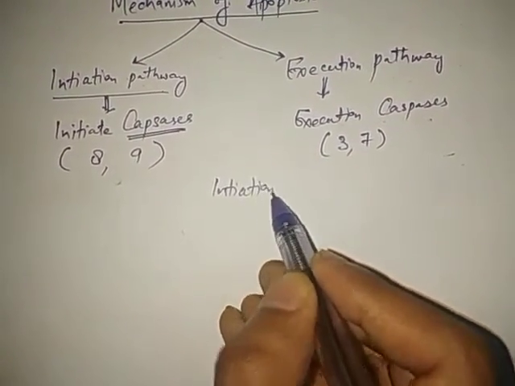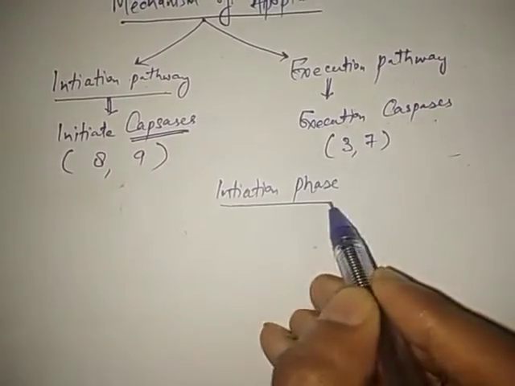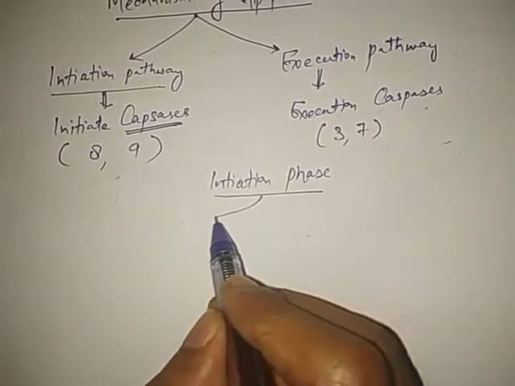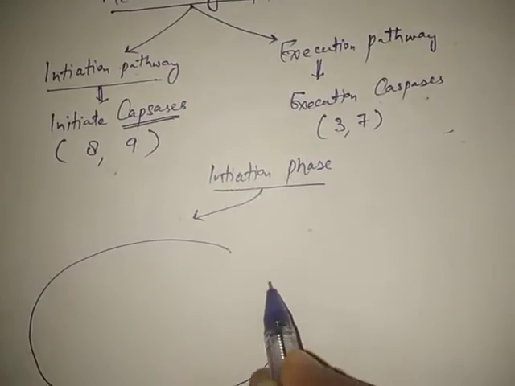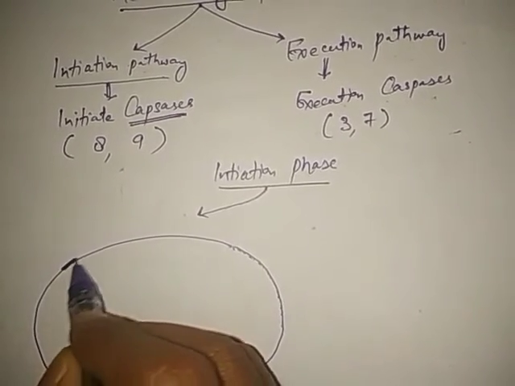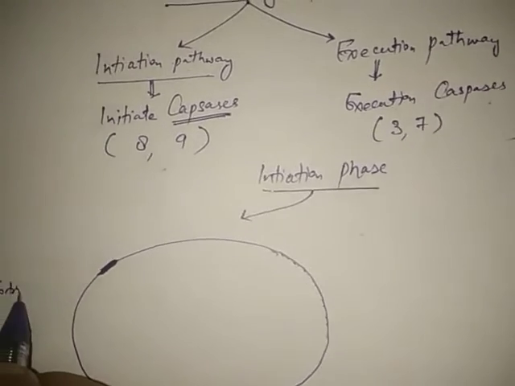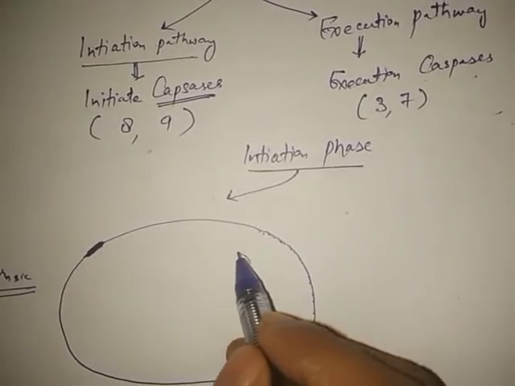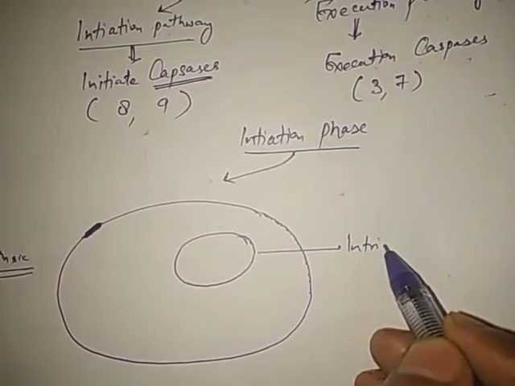In the initiation phase, it occurs because of two pathways. One is the extrinsic pathway, which works on the surface of the cells, and the other works in the mitochondria, which is the intrinsic pathway.